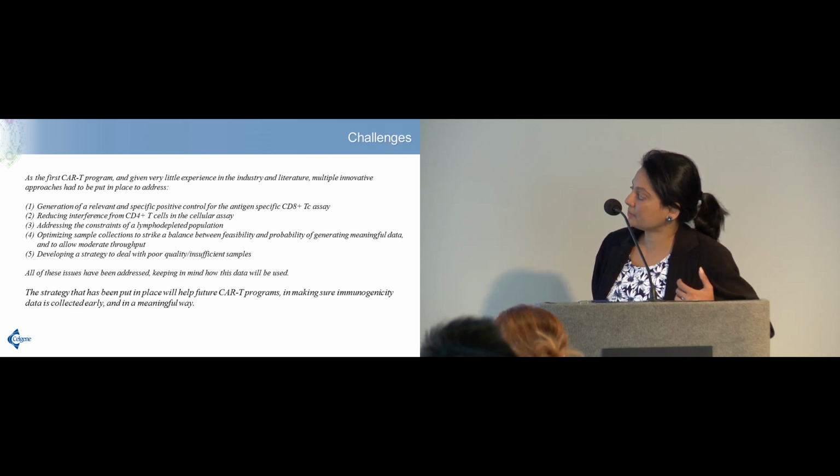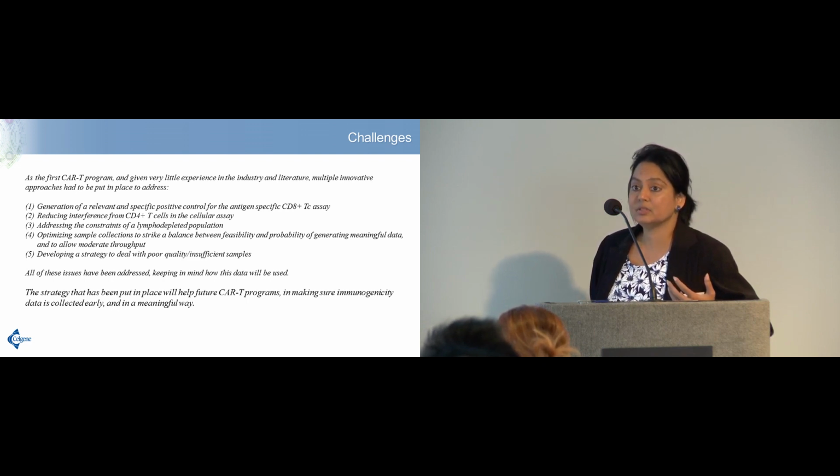Also optimizing sample collections to strike a balance between feasibility and probability of generating meaningful data. This sentence actually holds a lot because we needed PBMCs. We know the yields are going to be less. We know we want a large sample volume. There are limitations on how much we can collect from these patients.